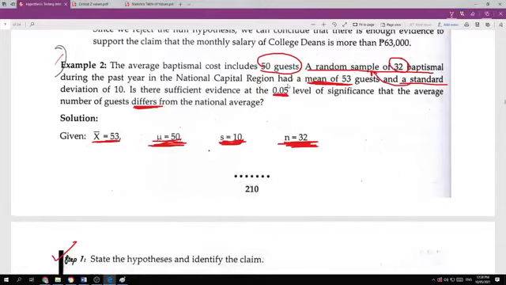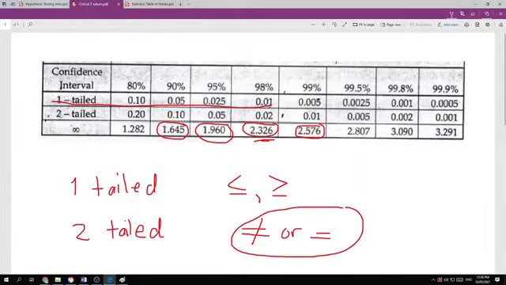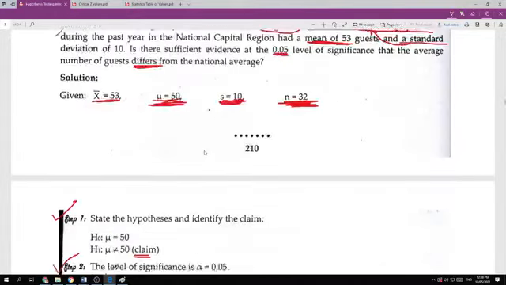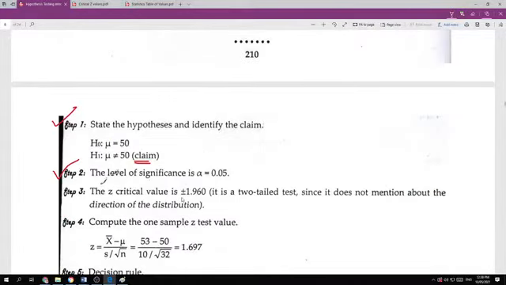Now, two-tailed siya 0.05. Pila man ang two-tailed nga 0.05? There you go, 1.960. That's why we are using 1.960. Since pwede man siya positive o negative, dapat positive, negative.